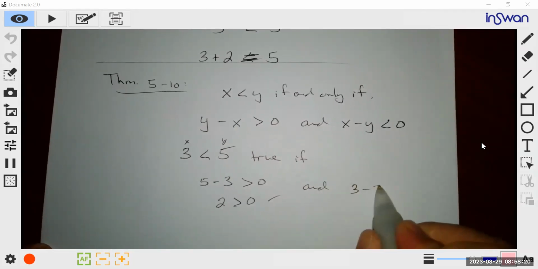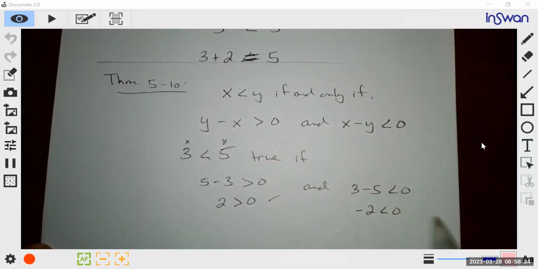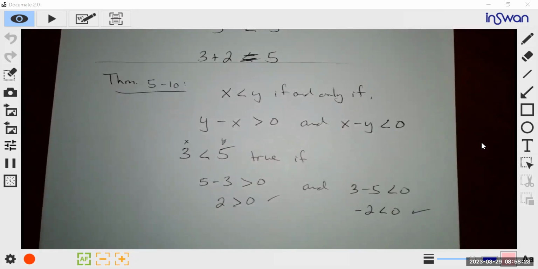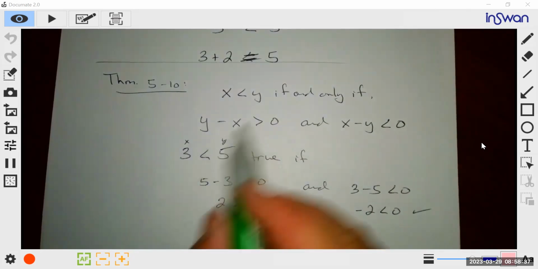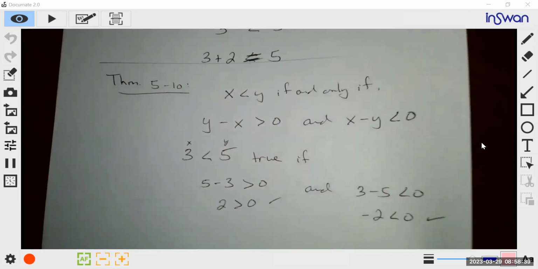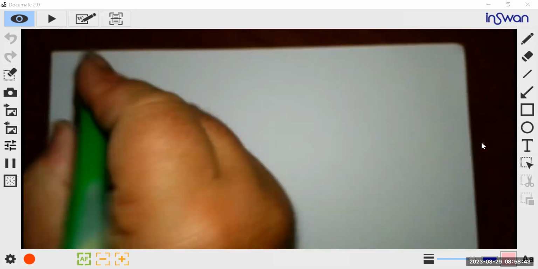And 3 minus 5 is less than 0, that's true. So that's how you tell less than. Conversely, you simply look at greater than.